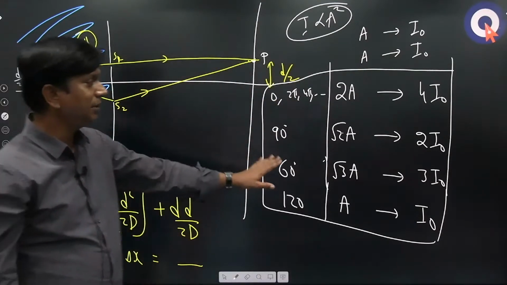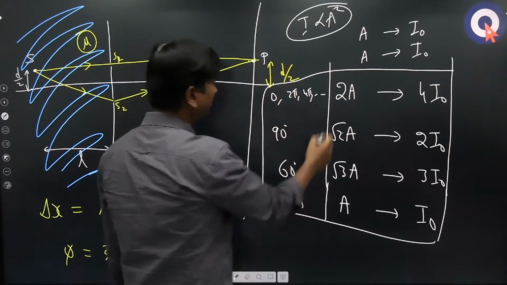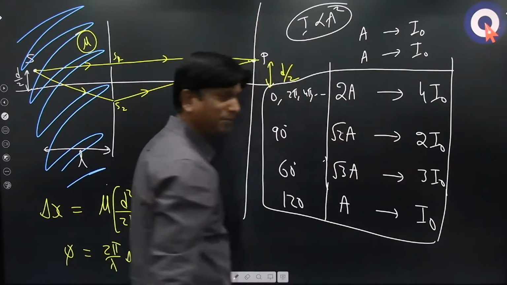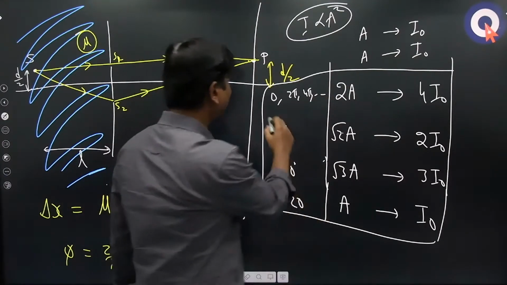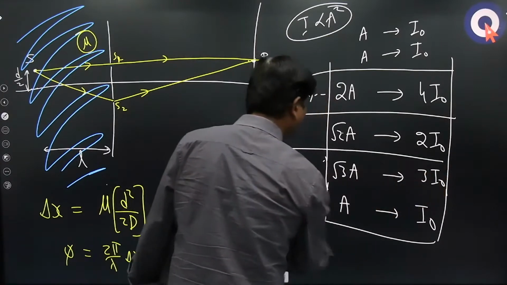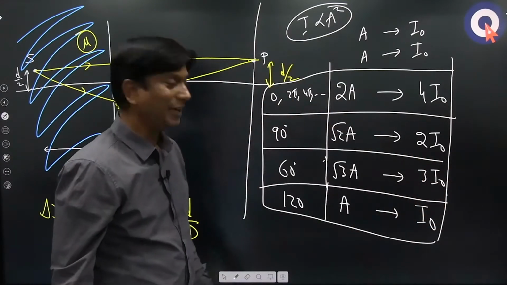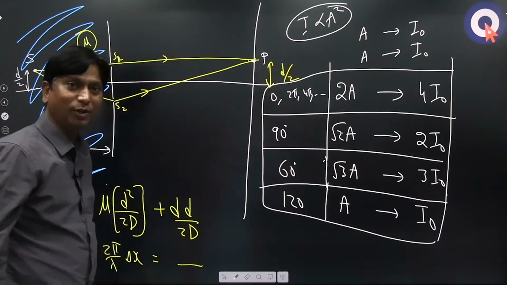Okay, hope this table is clear to all. And the last one is of course pi, so amplitude becomes 0, intensity also becomes 0, that is a destructive interference. So this is constructive. Apart from constructive, there are other things. So 90 degrees, 60 degrees and 120 degrees, where you will get intensities 2 I naught, 3 I naught and I naught like this. Okay, hope this is clear.